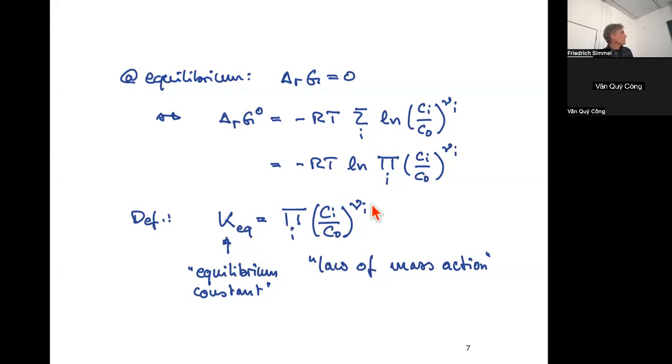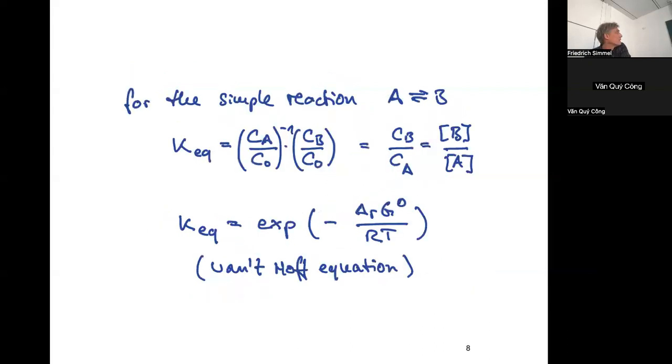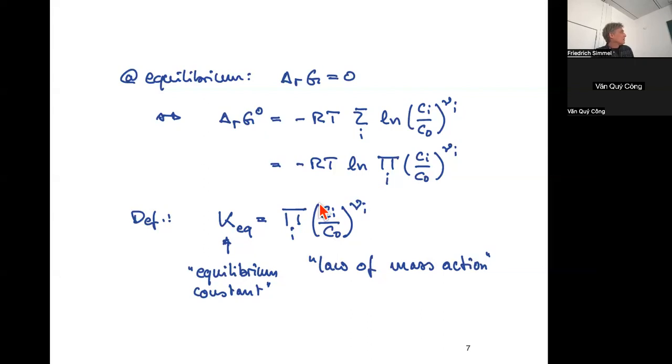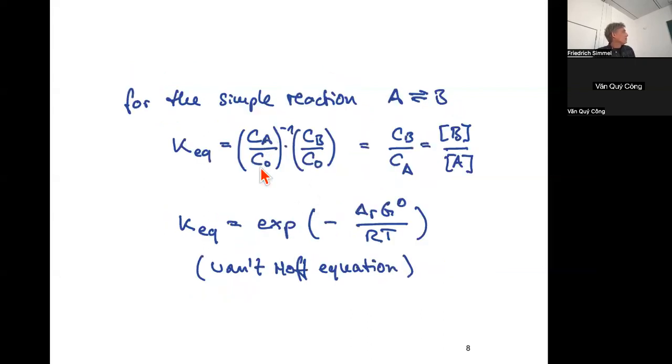Now the equilibrium constant is just the product of the concentrations normalized by some reference concentration to the power of your stoichiometric coefficient. And to make this clear, again, in this very simple example, we have these two molecules in equilibrium. Now, if we apply this definition here, you have CA divided by reference concentration to the power of the stoichiometric coefficient.